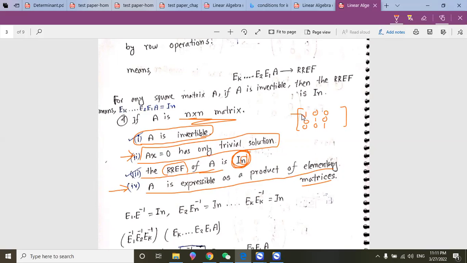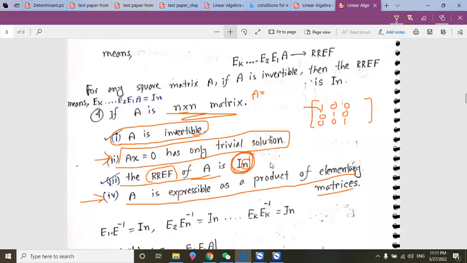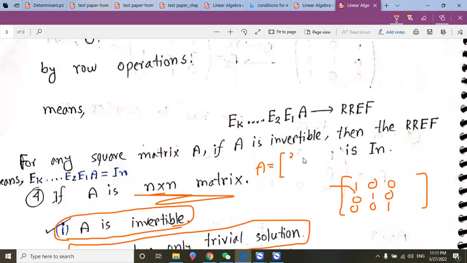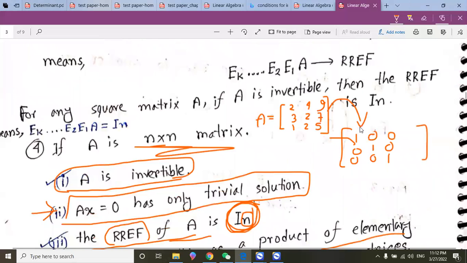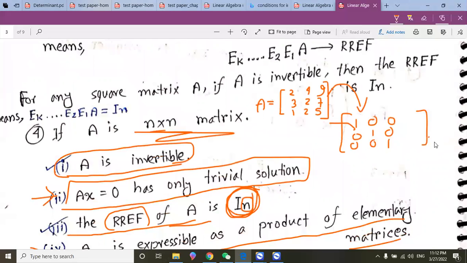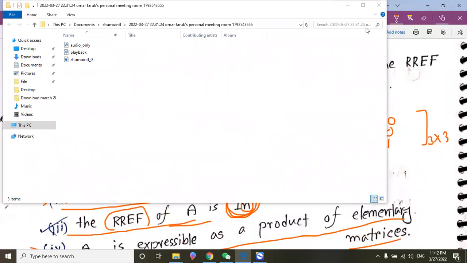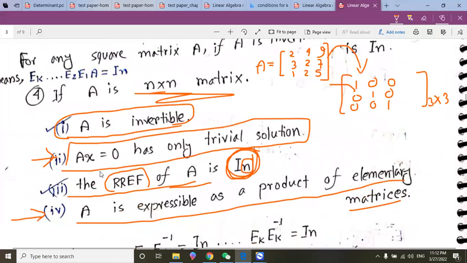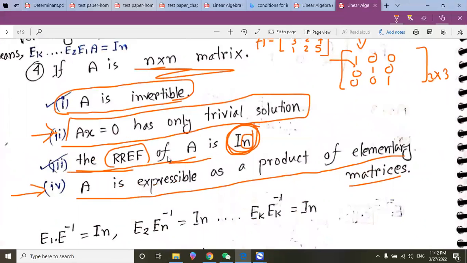If it is a 3 by 3 matrix, for example, our matrix A was like 2 4 9, then 3 2 7, and 1 2 5. So this is a 3 by 3 matrix, right? You have to convert this to a 3 by 3 identity matrix. That's why the reduced row echelon form of A is an identity matrix of size n by n.